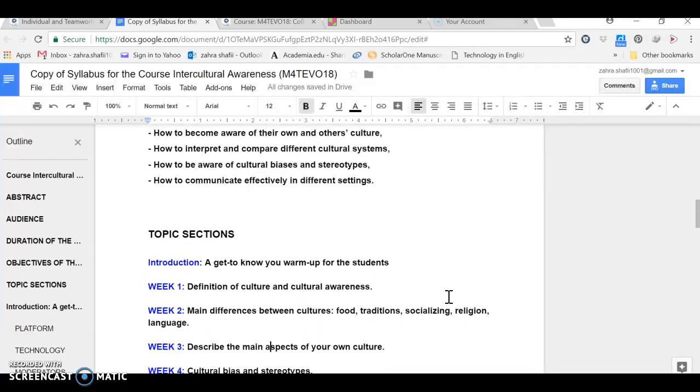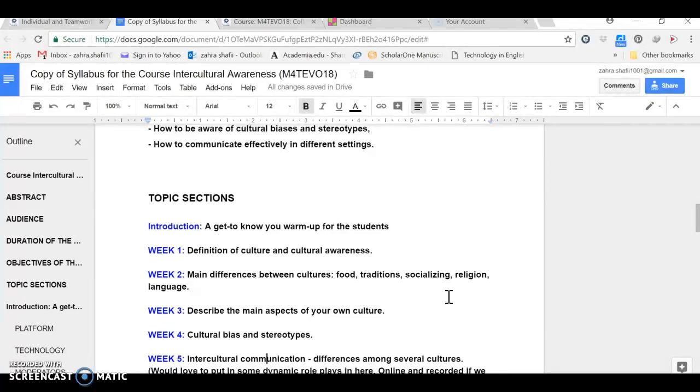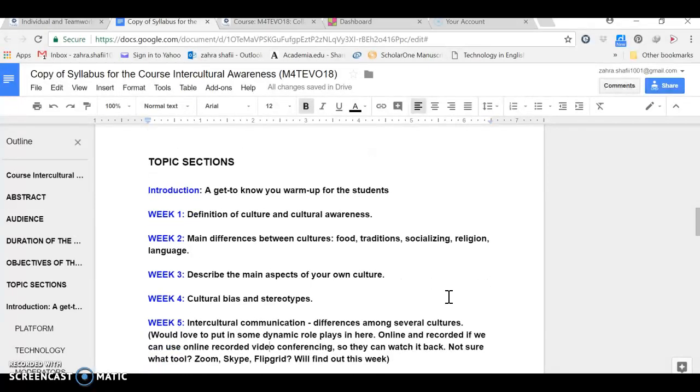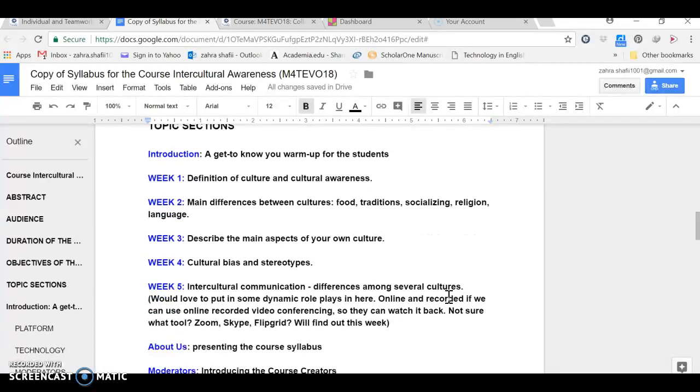Okay, then we translated these objectives into these topic sections. First of all, there's an introduction as a kind of survey and also a get-to-know warm-up for students. In week 1, definition of culture and cultural awareness are worked on.